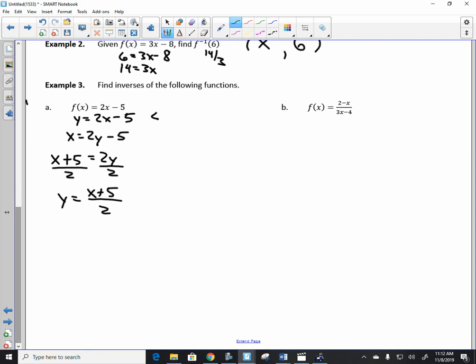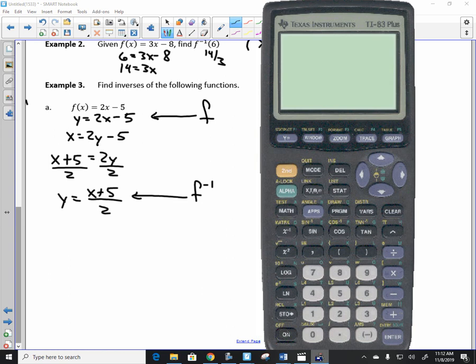Take out your calculator. That's f. That's f inverse. See that? What I'm going to do is type it in my calculator.